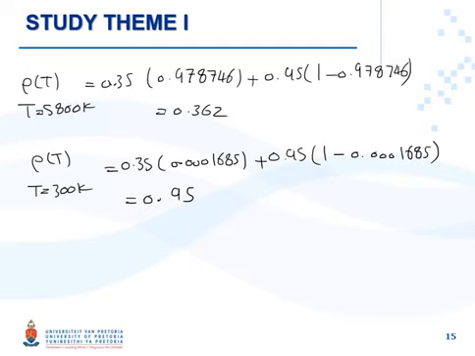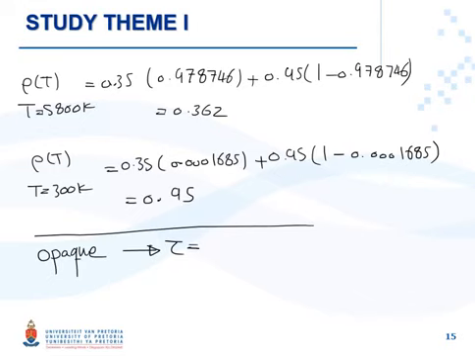So we find reflectivity. How about absorptivity and emissivity? What surface is that? It is an opaque surface. So tau is equal to 0, and we know that alpha plus rho is equal to 1.